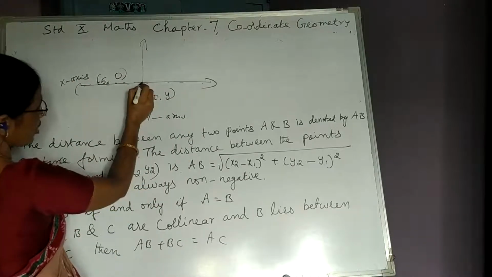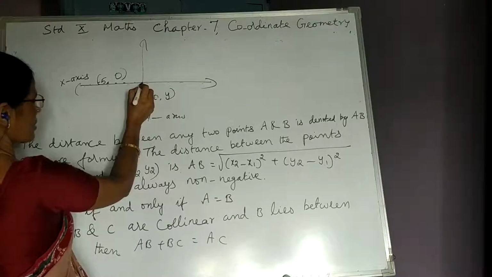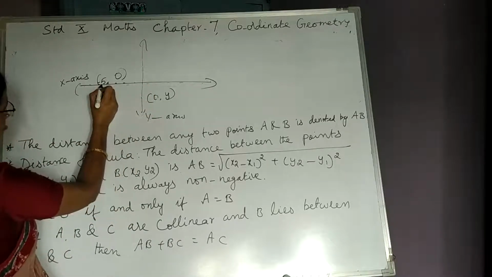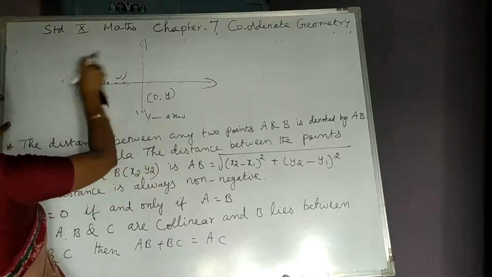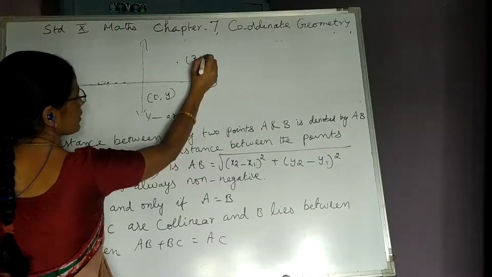And what is this point called? Origin, the intersection of the x-axis and y-axis. Its coordinates are 0, 0. So what does this -5 represent? Or we say, this side I take, it will be easier. I take a point here, 3, 2.